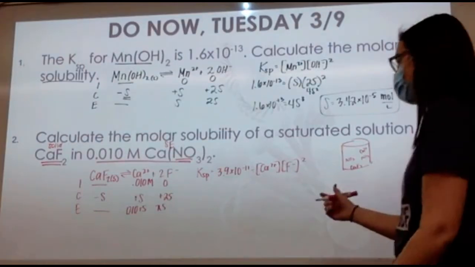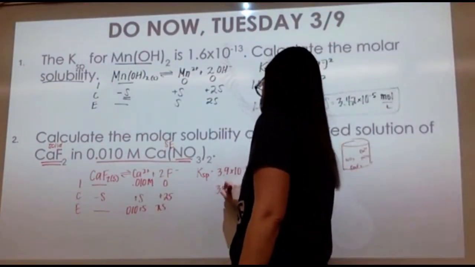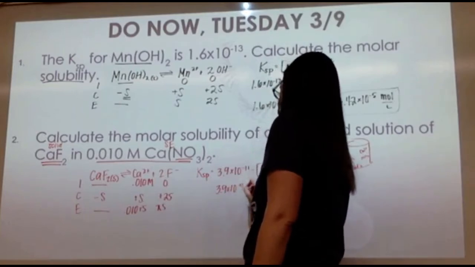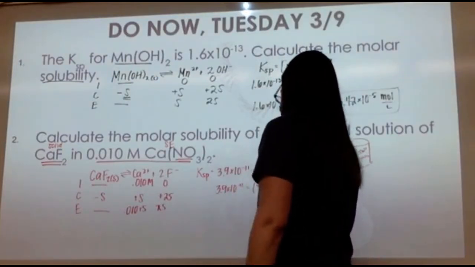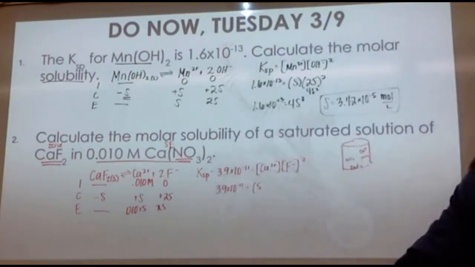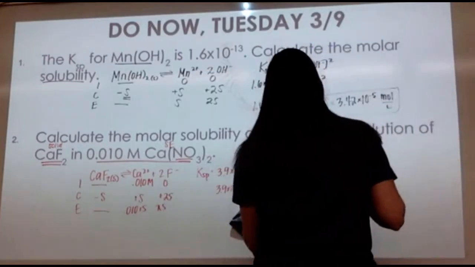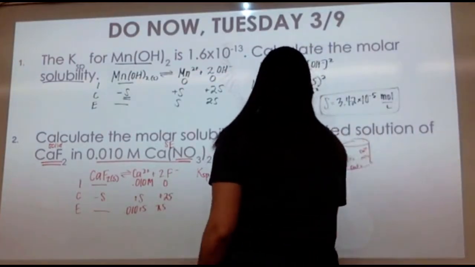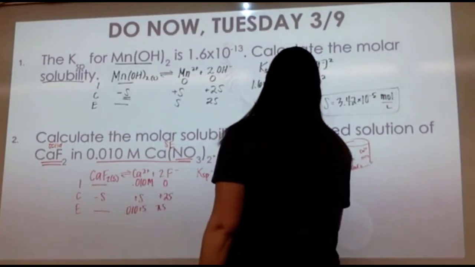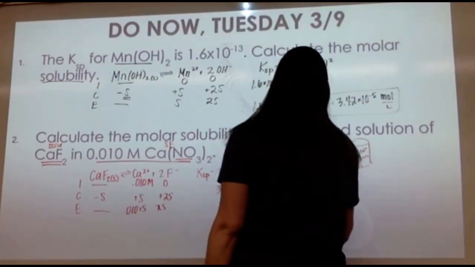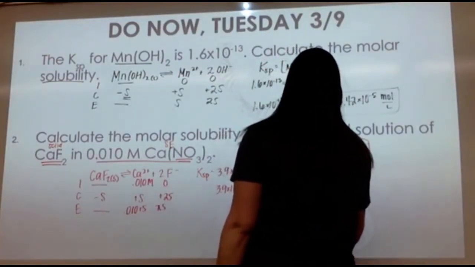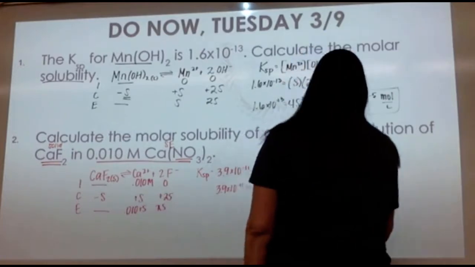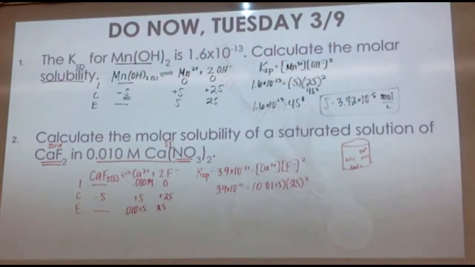So if we plug everything in, 3.9 times 10 to the negative 11 is 0.01 plus S times 2S squared. Right, the quantity 2S squared.